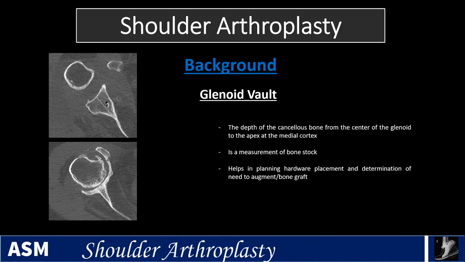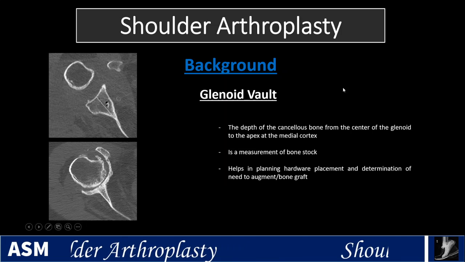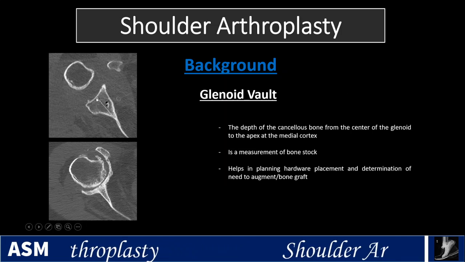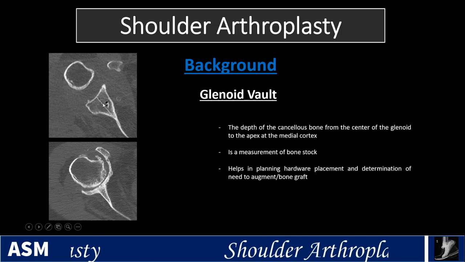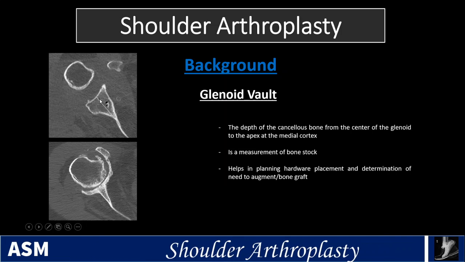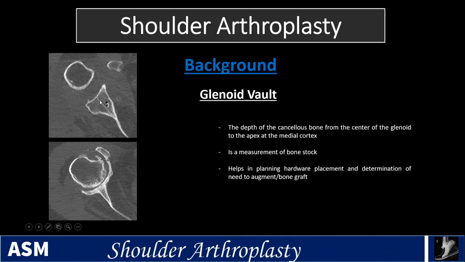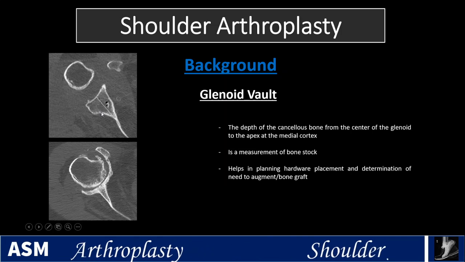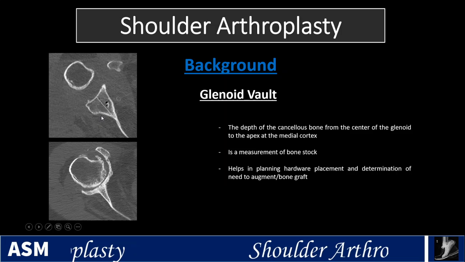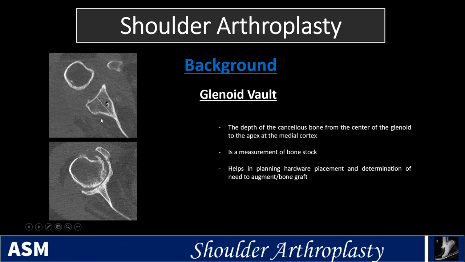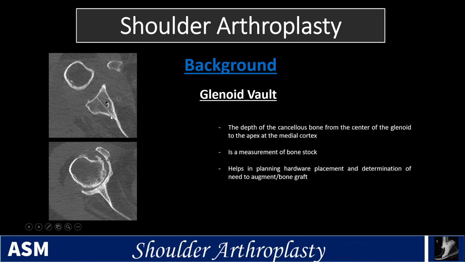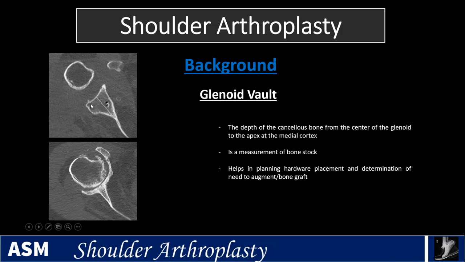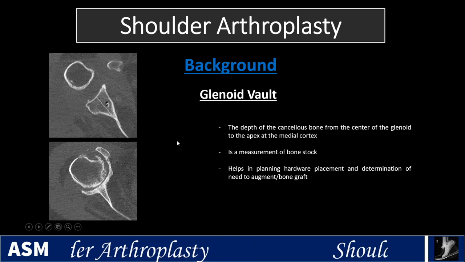The glenoid vault is just a term for the bone stock here. You're making a measurement of the degree of remaining cancellous bone deep to the subchondral bone plate, and you want to have enough of a glenoid vault to accommodate the screws and the base plate. If you lose your bone stock, you're going to potentially have to augment or bone graft to allow for placement of the hardware.